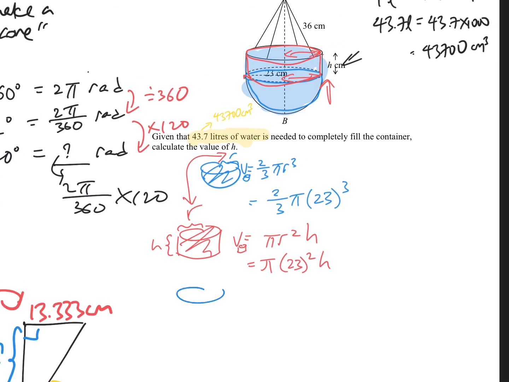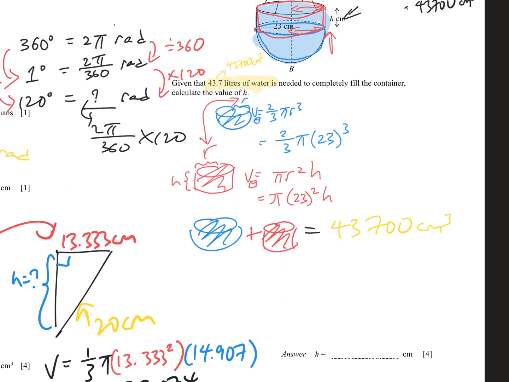And you can see that the volume of this hemisphere plus the volume of this cylinder, what they're saying is that it equals to 43700 cm cube. Yep. So let's just plug it in. So this is 2 over 3 pi 23 cube plus pi 23 square height equals to 43700. Then you solve it.